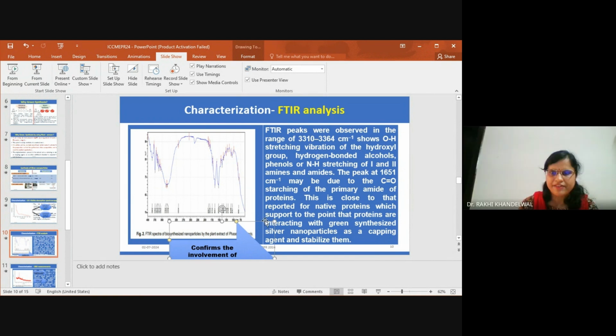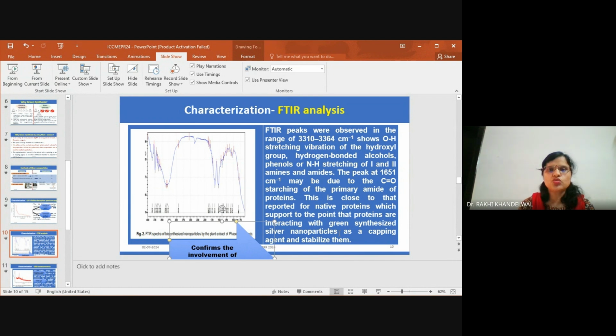In FTIR analysis, we have shown the peaks at 3310 to 3364 centimeter inverse, which shows the OH stretching vibration of the hydroxyl group, hydrogen bonded alcohol, phenols, or NH stretching of primary and secondary amines and amides. It also shows the peak at 1651 due to the carbonyl stretching of the primary amides of the proteins.